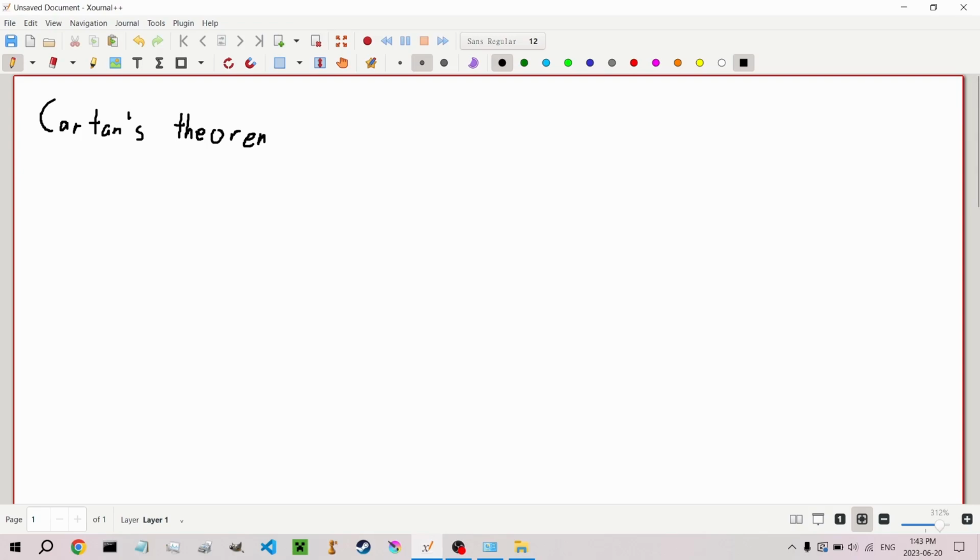Today we're talking about Cartan's theorems. Throughout this section, we are going to be working in the context with K. In this case, it's either going to be real or p-adic, actually.